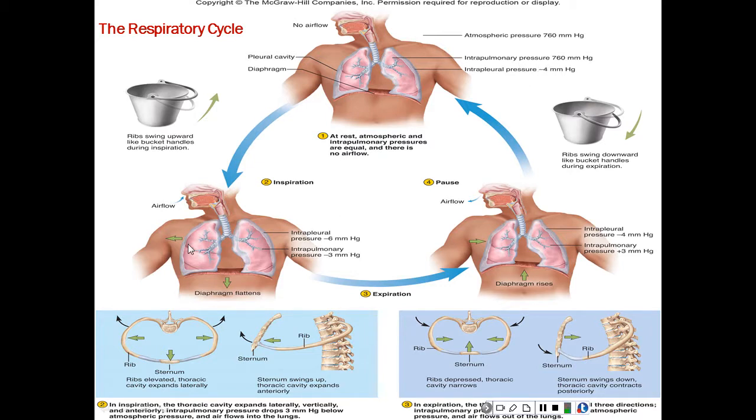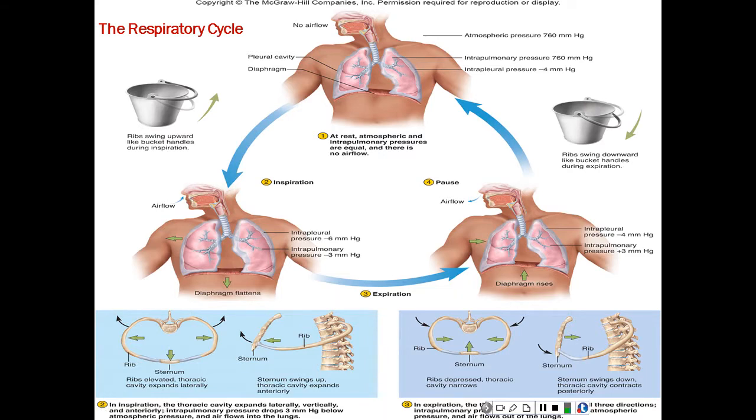Now, when we inhale, these values are going to change. At the beginning, in step 1, there is no movement of the thoracic cavity. There's no difference between air pressure inside and outside, and there's no airflow.